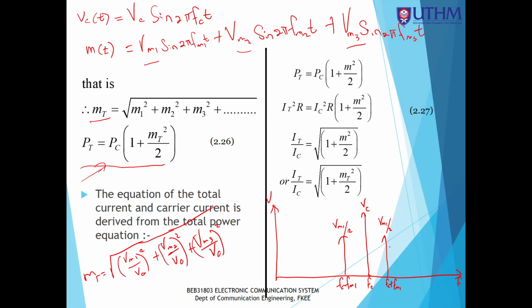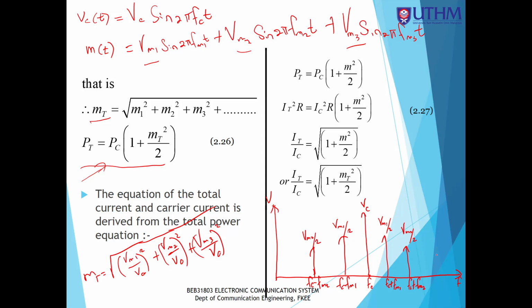Let's say the value is lower, for example. So this is Fc plus Fm2, and here is Fc minus Fm2, and the value is Vm2 over 2.